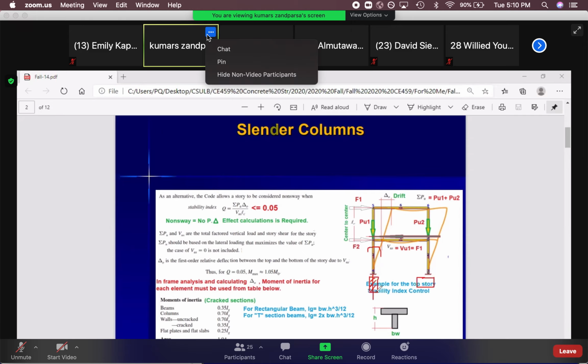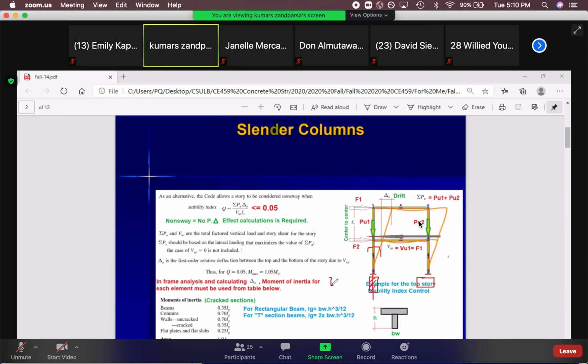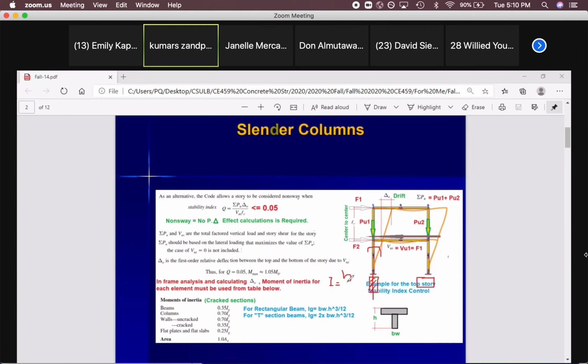Just the side of the column perpendicular to the axis, you should call that H. Forget about the moment for eccentricity. As you might remember from strength of materials, I is equal to B H cubed divided by 12.